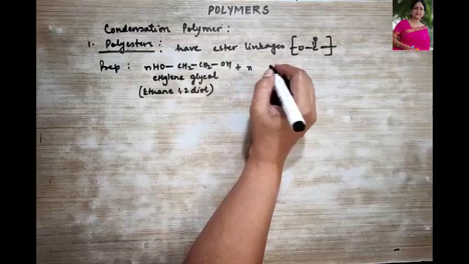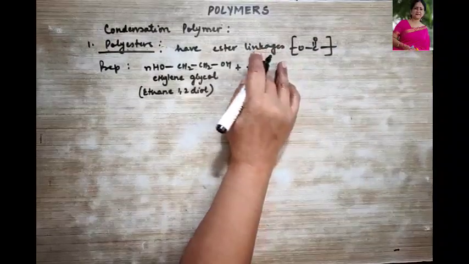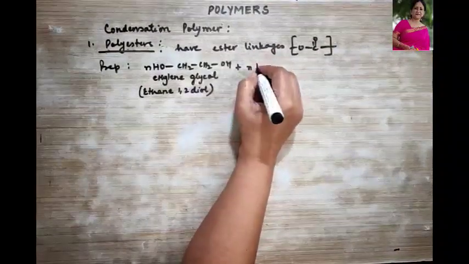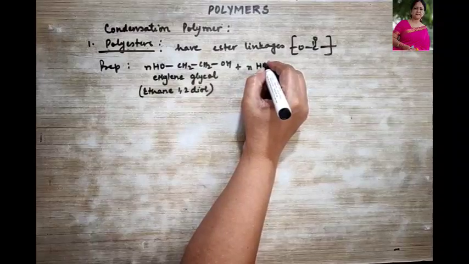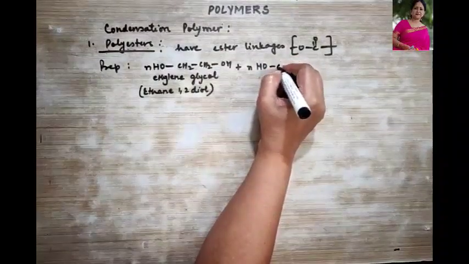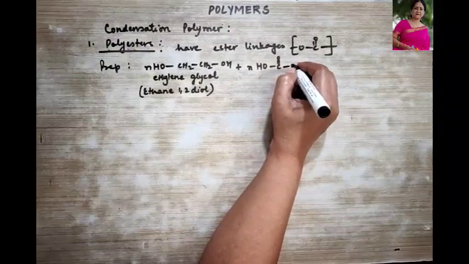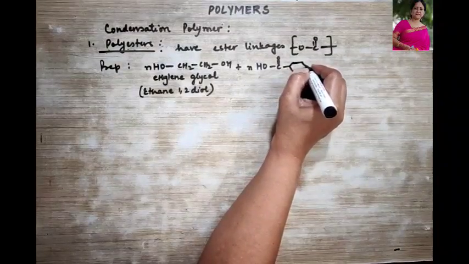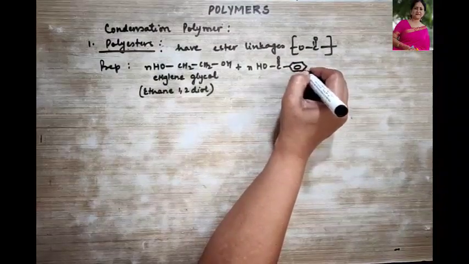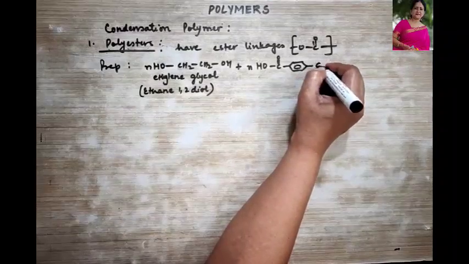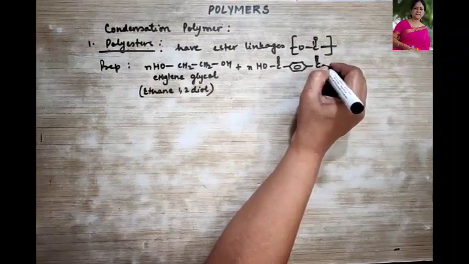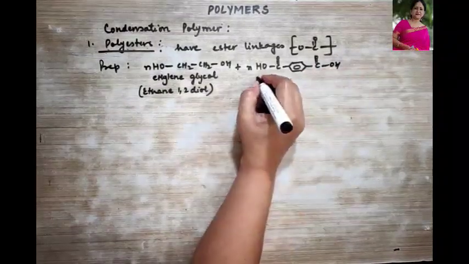Now what is terephthalic acid? HOC double bond O, these are the ester linkages, right?